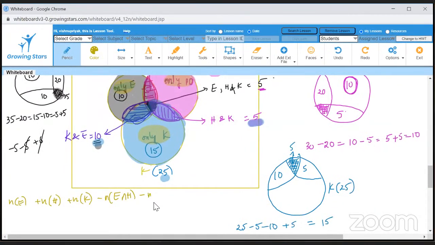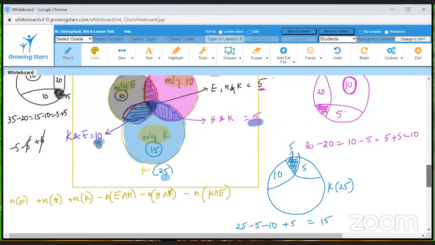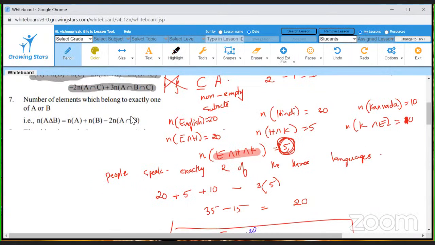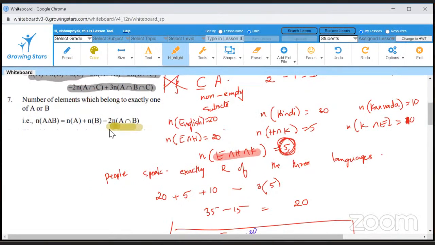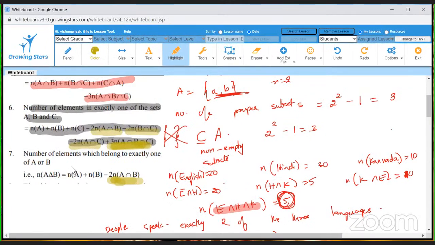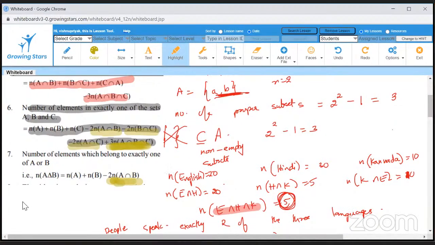I will subtract those who are speaking Hindi and Kannada. I will subtract people who are speaking Kannada and English. After that, as it is given in the formula, -2A intersection C, -2B intersection C, -2A intersection B, and +3.